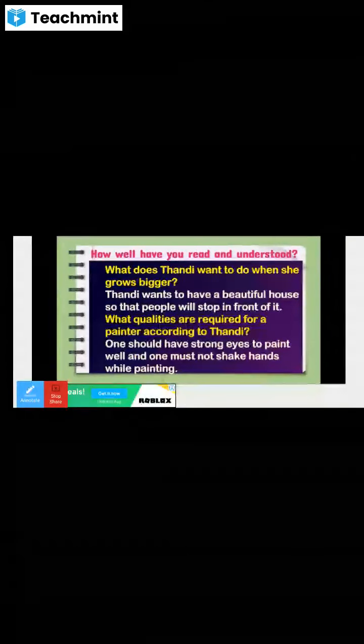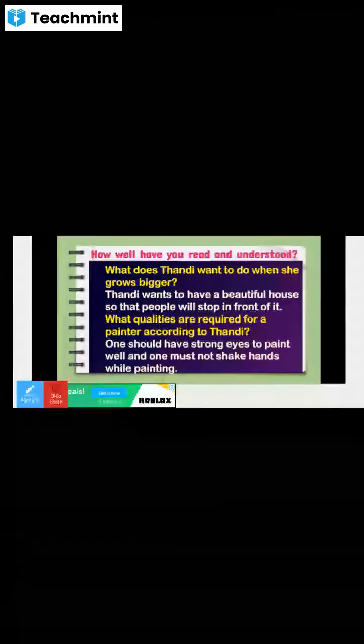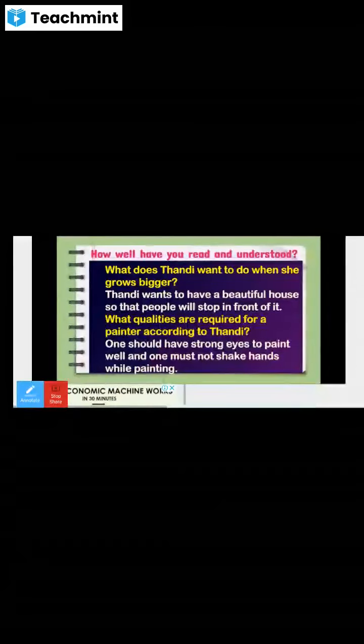One should have strong eyes to paint well, and one must not shake hands while painting.